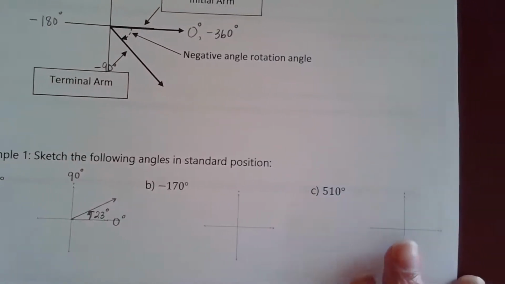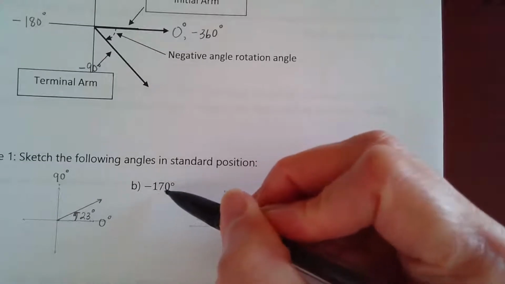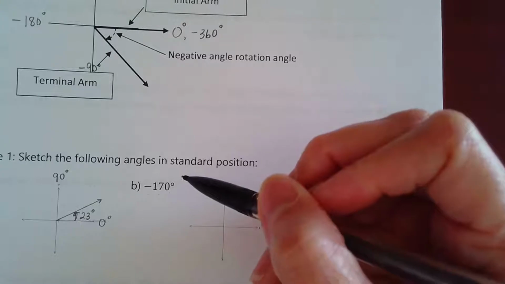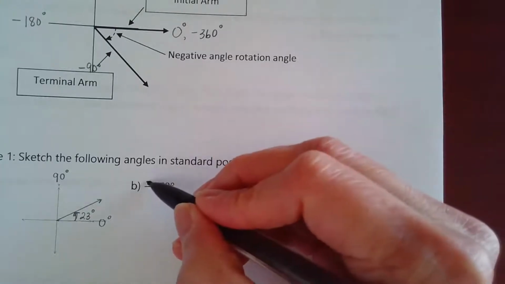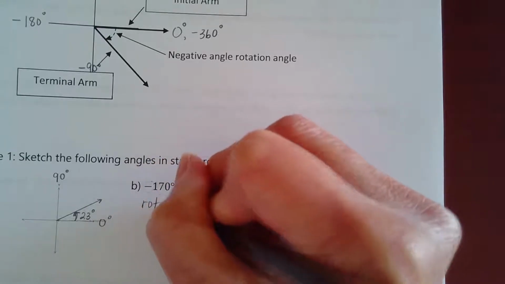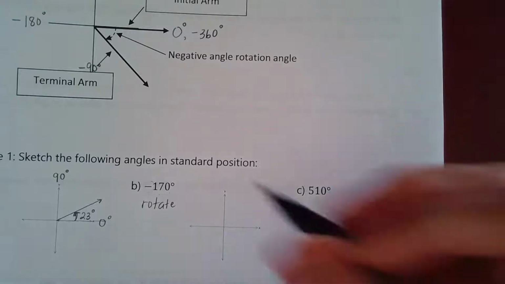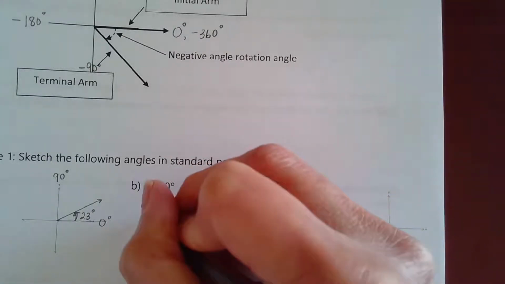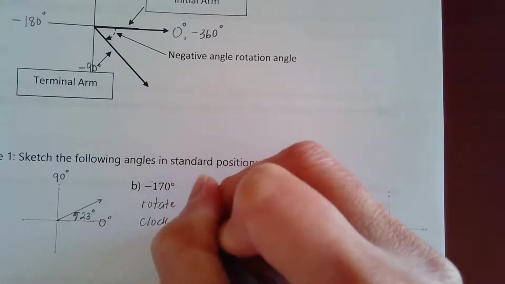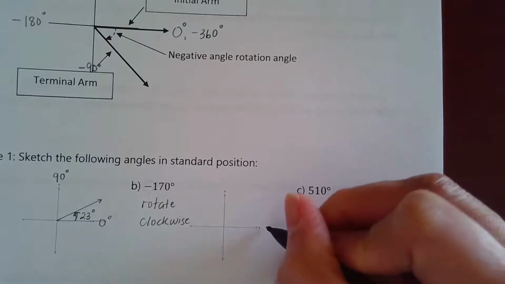Let's take a look at letter B. Letter B is negative 170 degrees. So where is the negative 170 degrees? Now, because this is a negative angle, we're going to rotate our arm in a clockwise rotation. Okay, so this is 0.